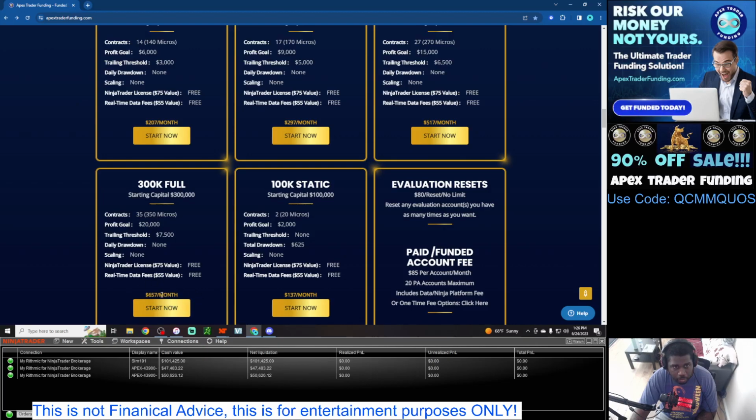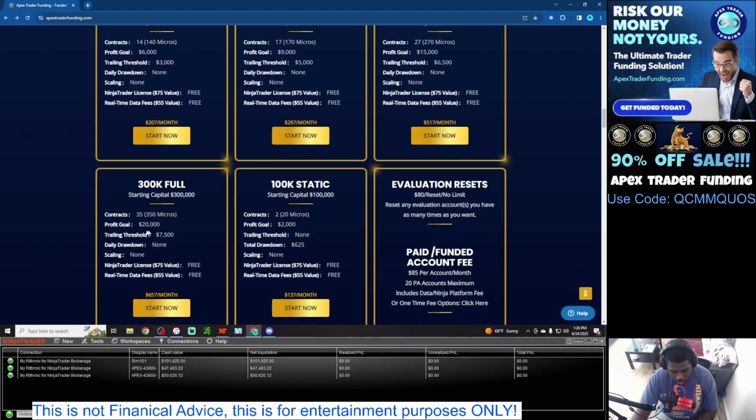But just knowing that you can pay like 65 bucks for a 300K account, trade up to 35 contracts, and your profit target is 20K, that gives you so much cushion to trade with larger contract sizes, set up your at the money strategies, take profits when you see fit, and let those runners run.